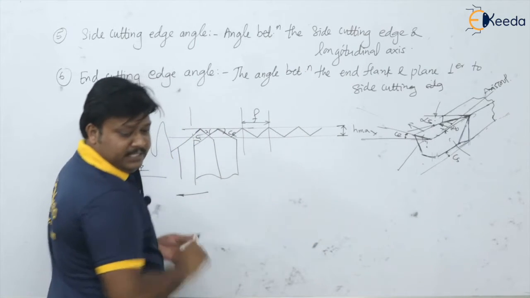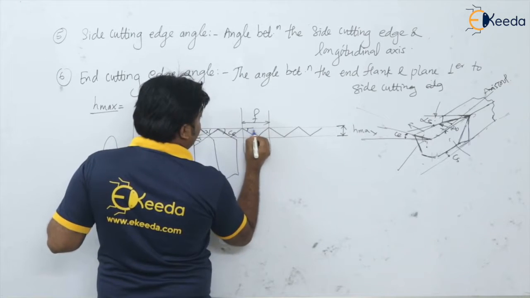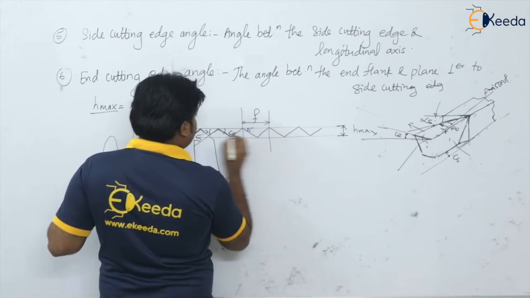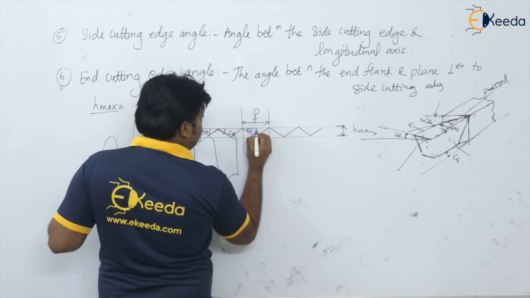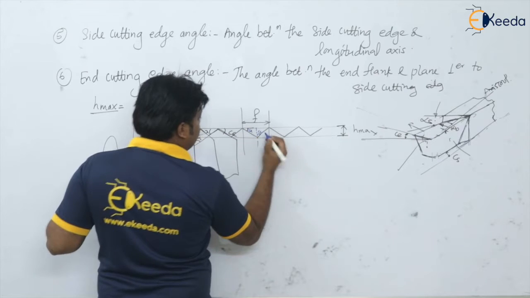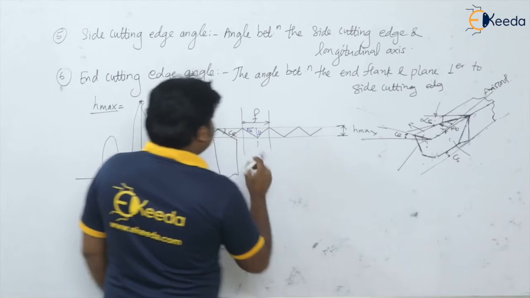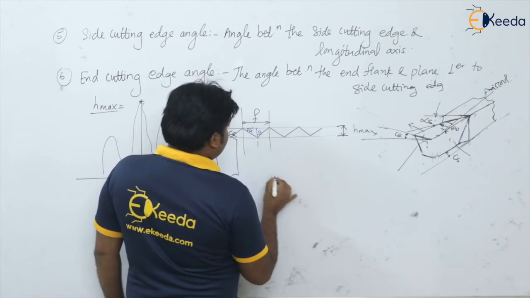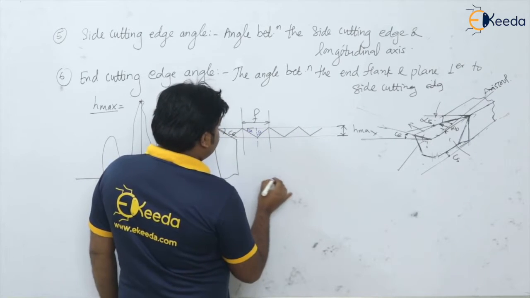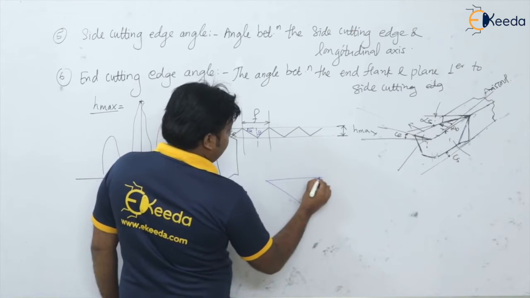Here you can see from these feed marks, this is the value of CE, and this is the value of CS. Say I draw an exaggerated view of this, suppose I am having this triangle like this.